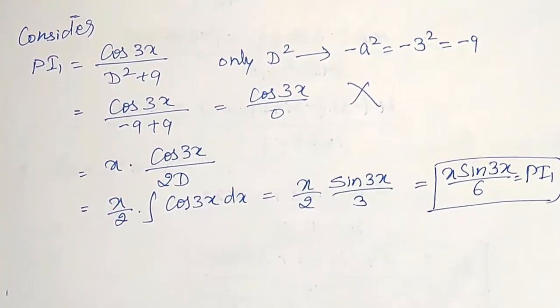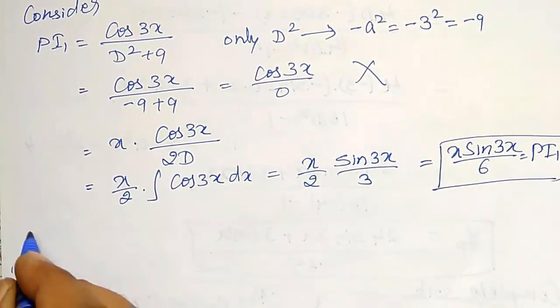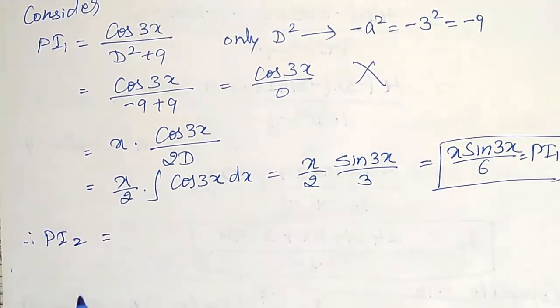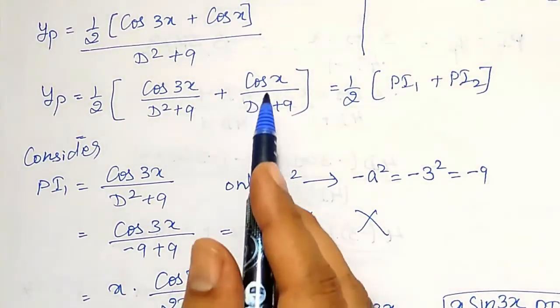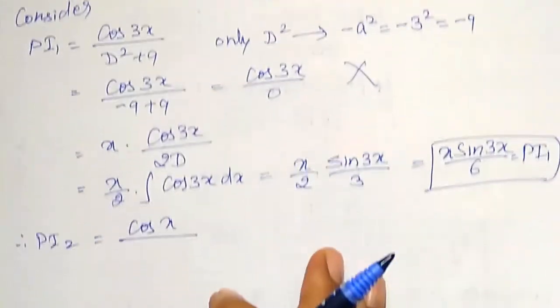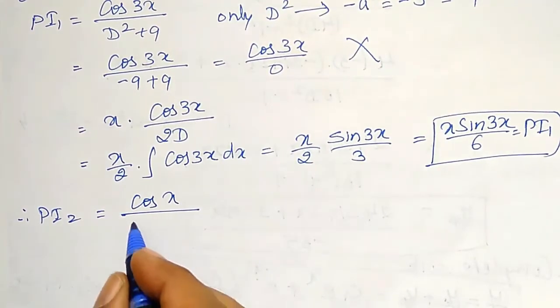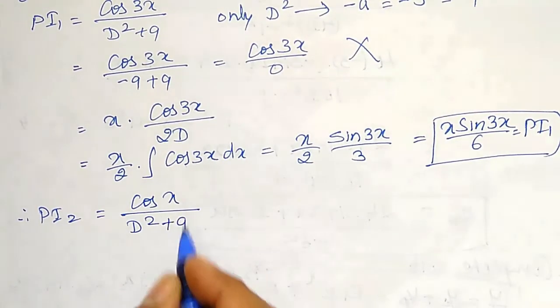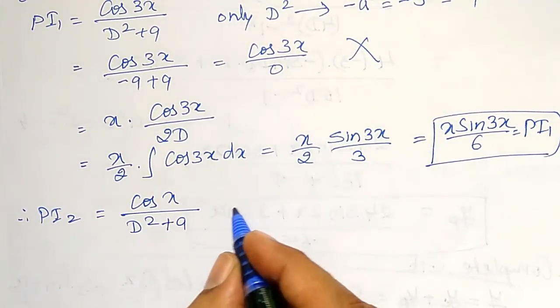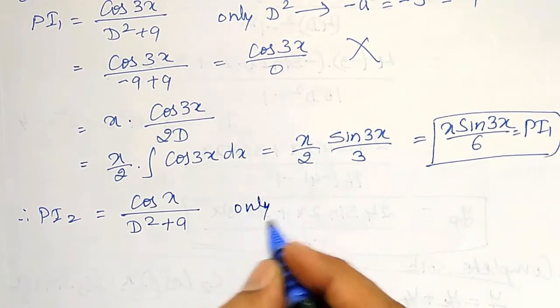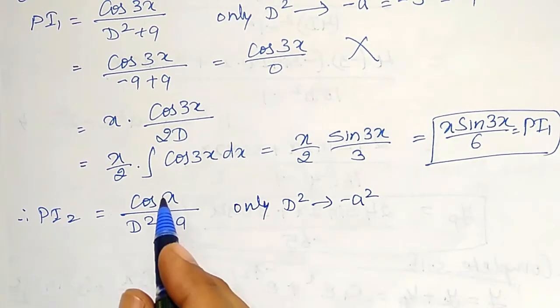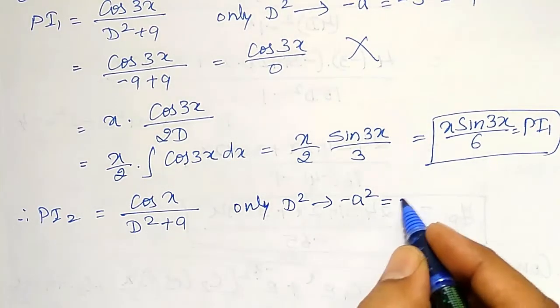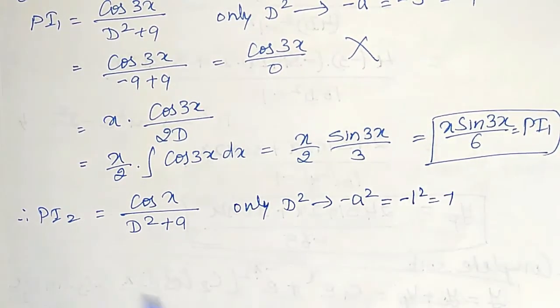Similarly, PI2 I have to calculate. PI2 equal to cos x divided by D square plus 9. Here D square is replaced by minus a square, and a is the coefficient of x, which is 1. Minus 1 square is minus 1.